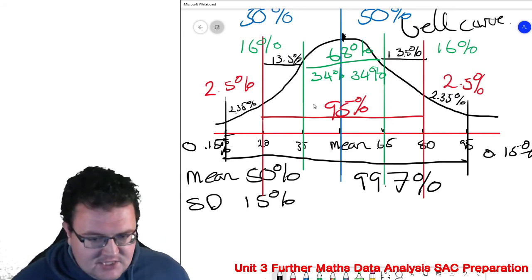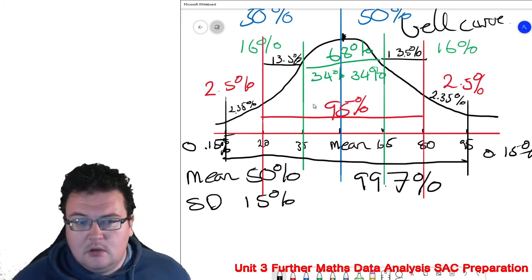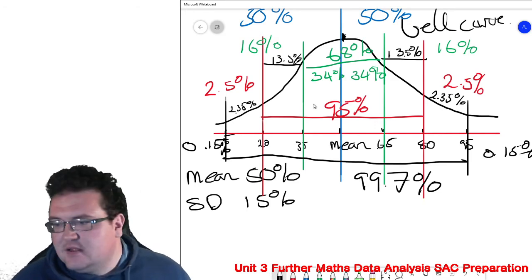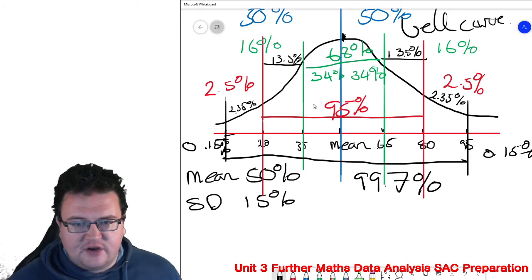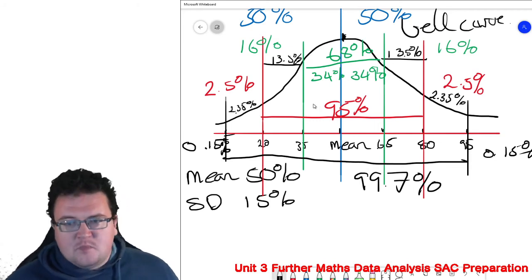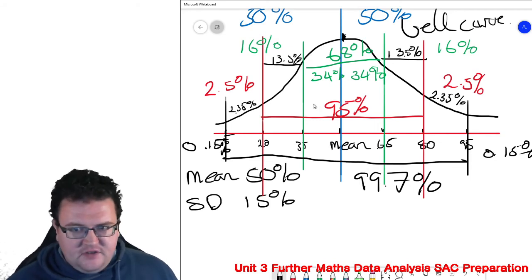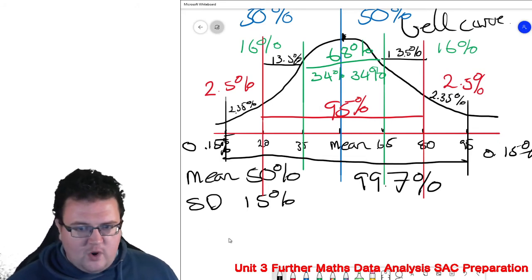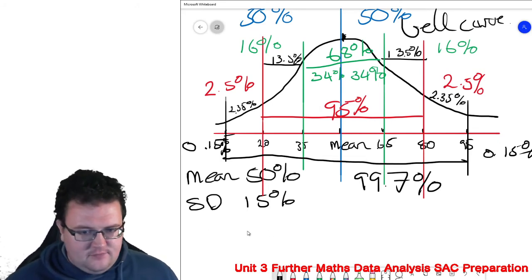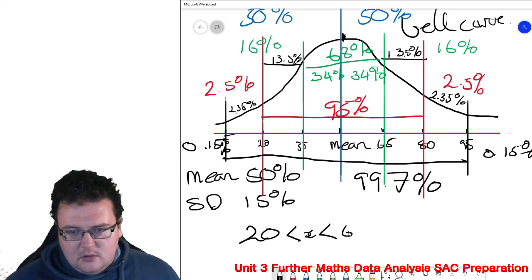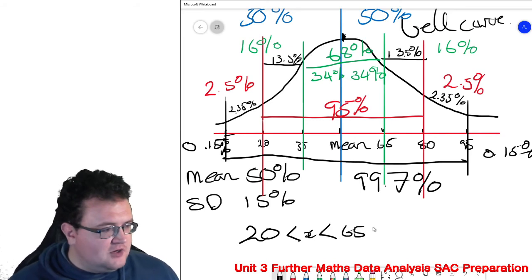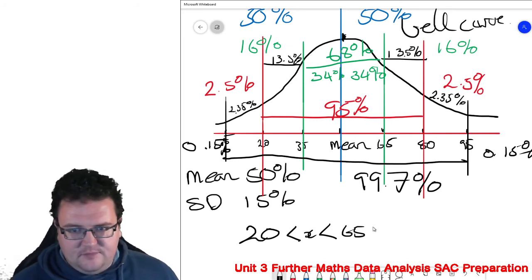What that means is that depending on the information that you are given, for example, I could say, what percentage of students got between 20 and 65?